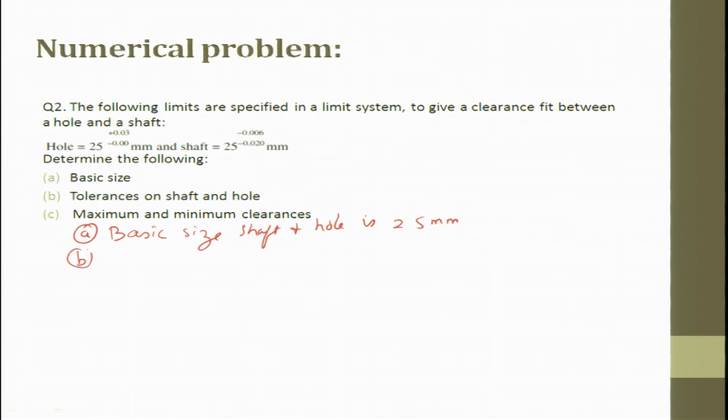Next is the tolerance of the shaft, which is 25 minus 0.006 minus 25 minus 0.02, which is nothing but 0.014 millimeter.